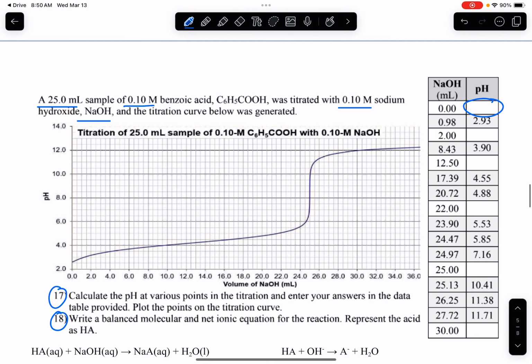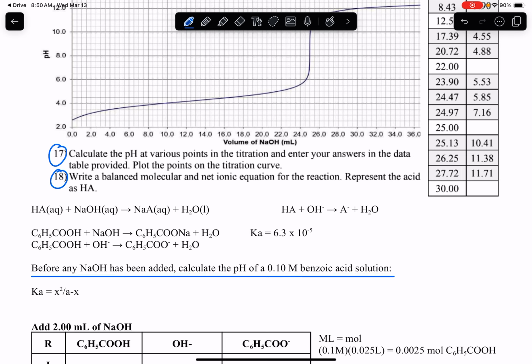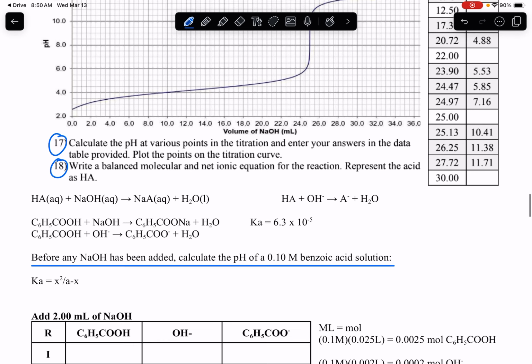The first box here is after 0 mL of NaOH has been added. So all we have is a 25 milliliter sample of 0.1 molarity benzoic acid. So this question right here, where it says before NaOH has been added, calculate the pH of a 0.1 molarity benzoic acid solution. This is the type of question that I taught and tested on in honors chemistry, so don't overthink this one.